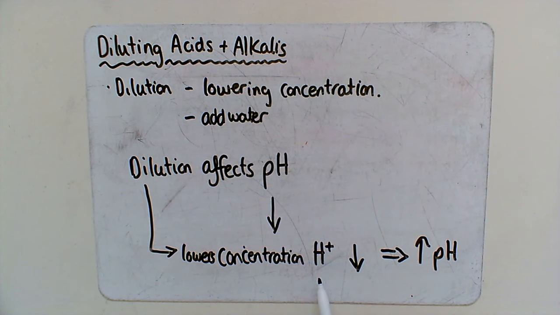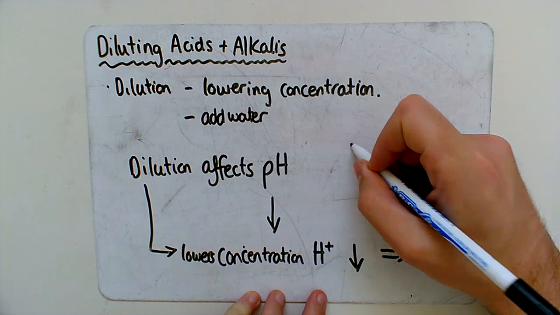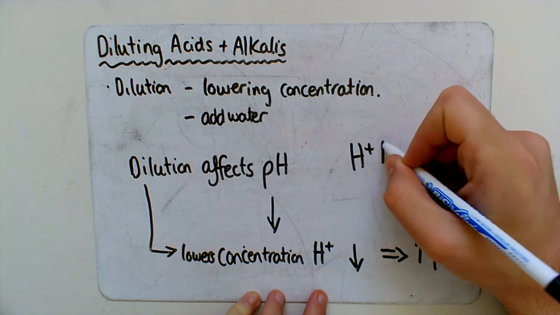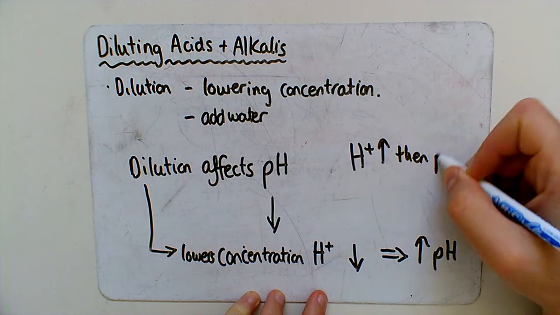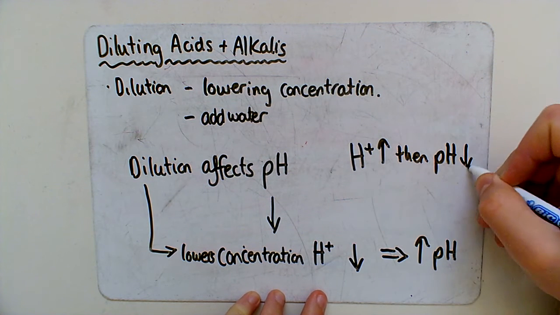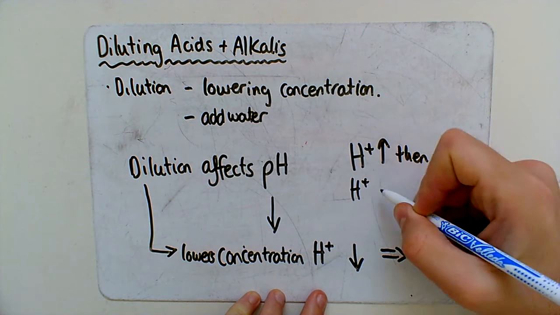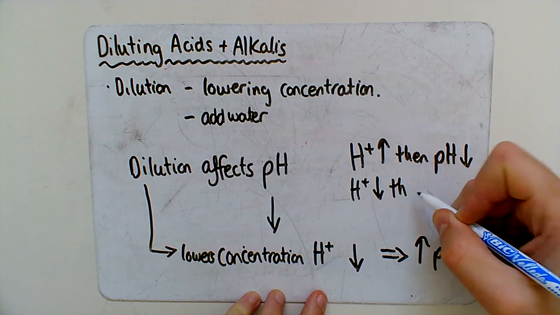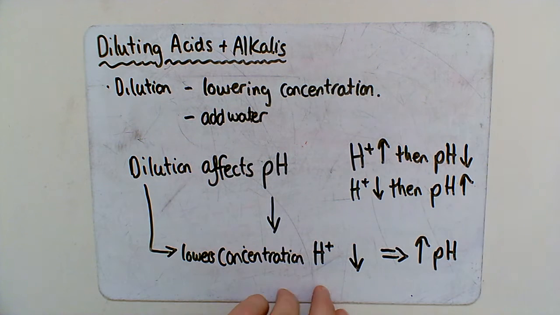because the more H plus, that means the more acid we have. So if we have less of this, it means your pH must go up. So the relationship is if H plus goes up, then pH goes down. Or H plus goes down, then pH goes up.